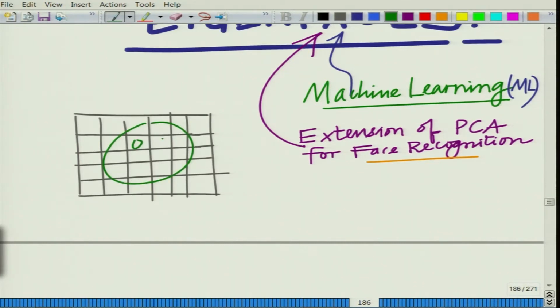So this is my cartoon image of a face, and each of these is a pixel. So, this is basically a face image.